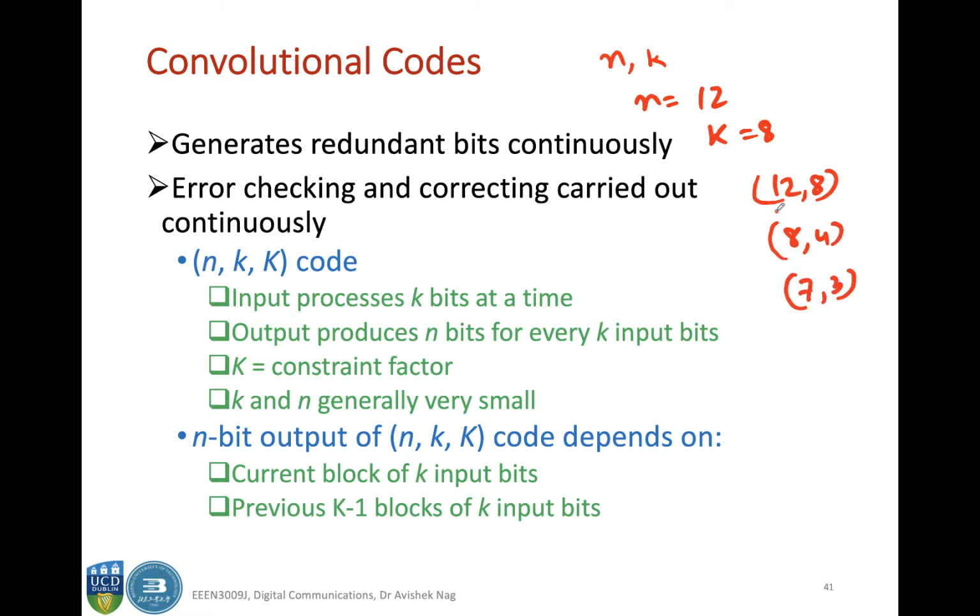So usually the block lengths are large. In case of your convolutional code, we usually take a few bits. The number of bits in your data is usually of the order of 2 or 3, and then you have 1 or 2 redundant check bits, and this process continues for the entire stream of data. So this is basically a more dynamic form of coding.